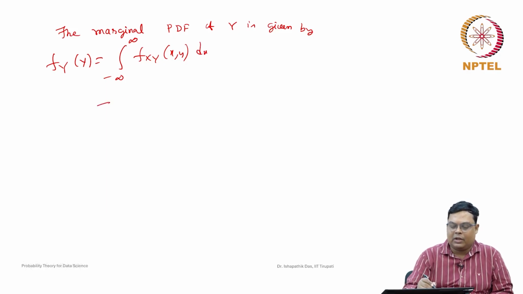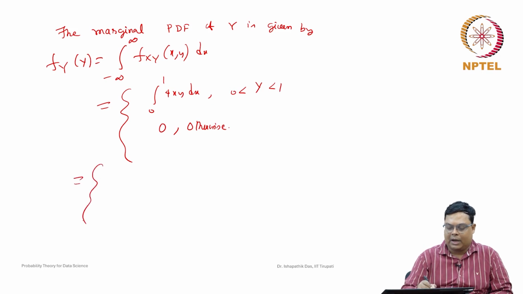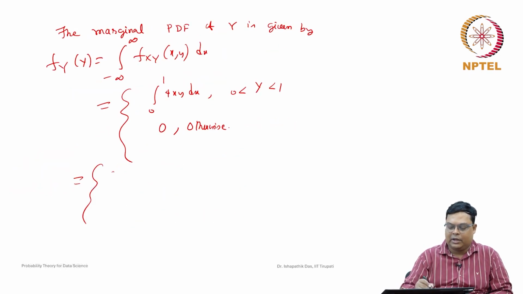Similarly, this will be nothing but the integral from 0 to 1 of 4xy with respect to x whenever y is between 0 and 1, otherwise it is 0. After doing this integration, by symmetry it is actually the very same: 2y whenever 0 less than y less than 1, and 0 otherwise.